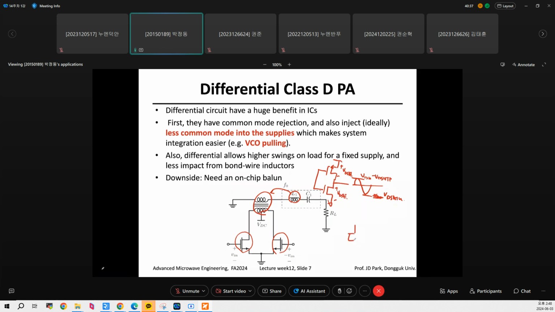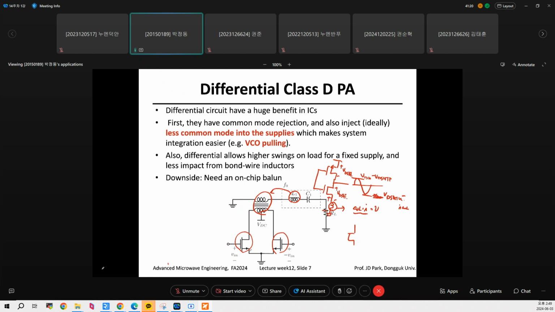If you just use the single-ended structure, you always get trouble with this inductance, which has a reactance term omega L. If there exists a current conduction, this amount of voltage is dropped over here, which will reduce quite a large amount of voltage swing at the output.